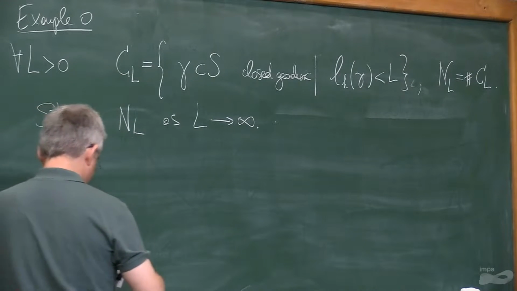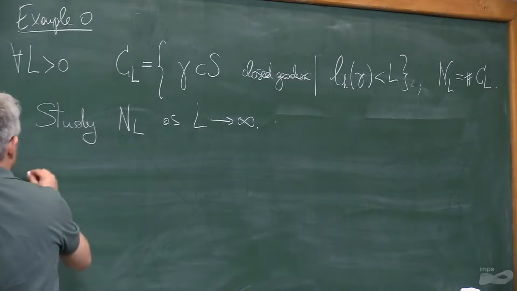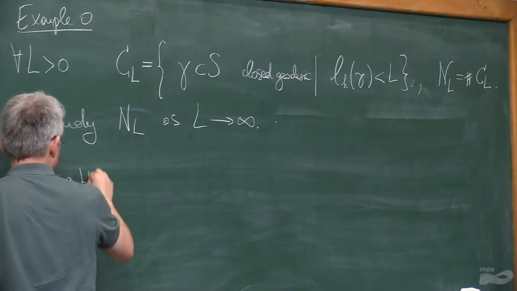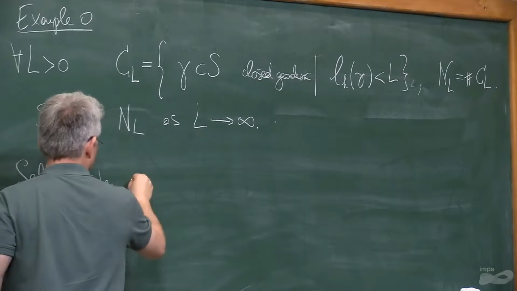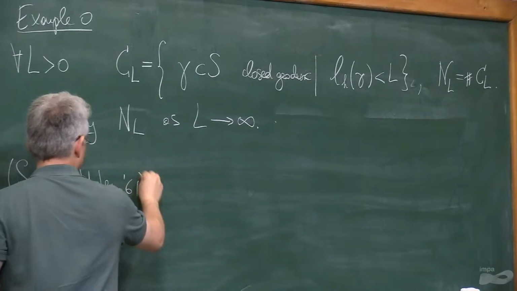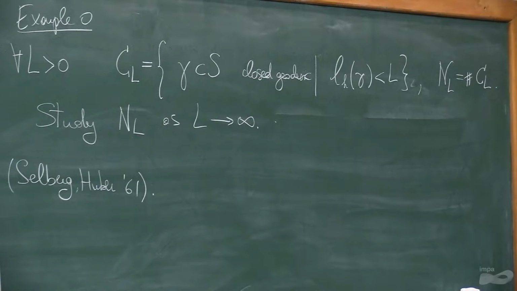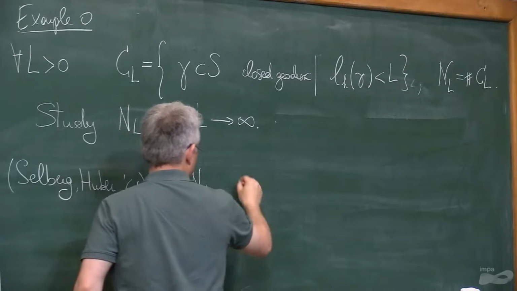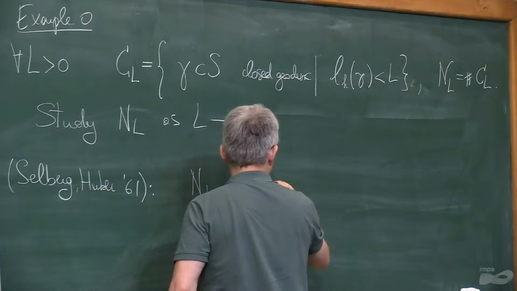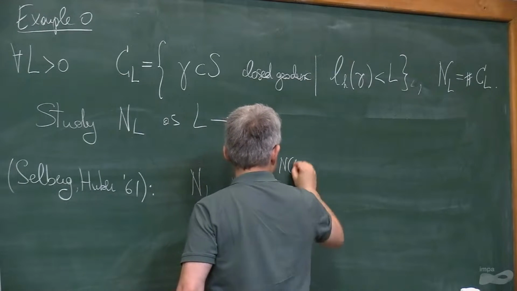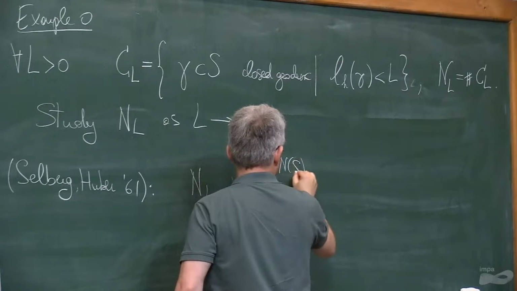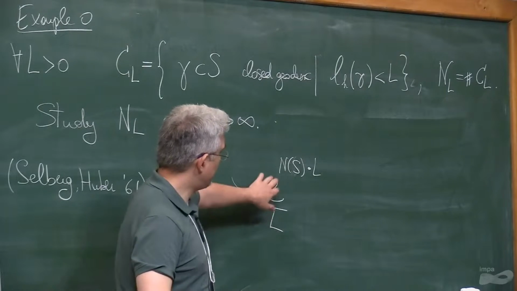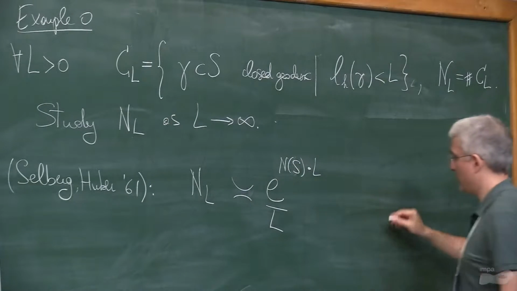And the answer, in this case, is a bit old, so it goes back to the early 60s. I think Huber is 61. They show that N_L goes as an exponential divided by L. So this n of S is a number that will recur.